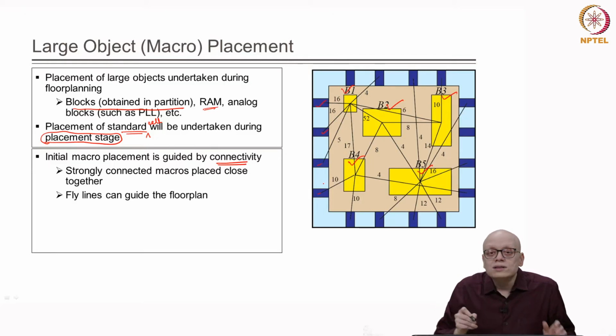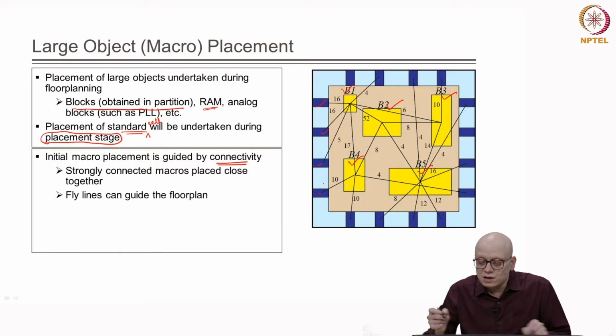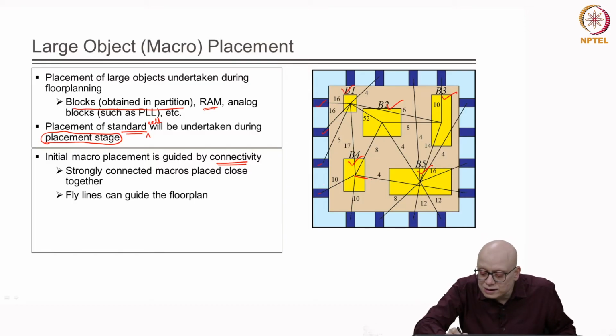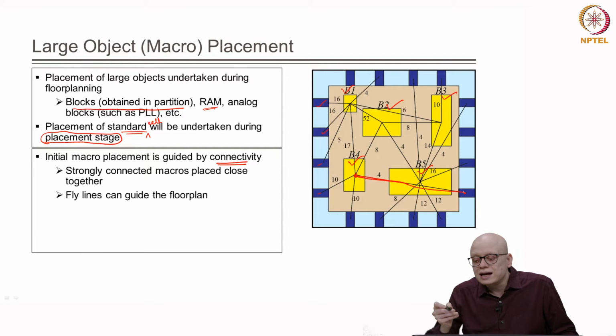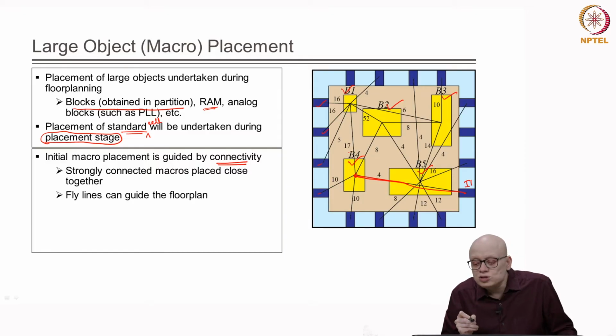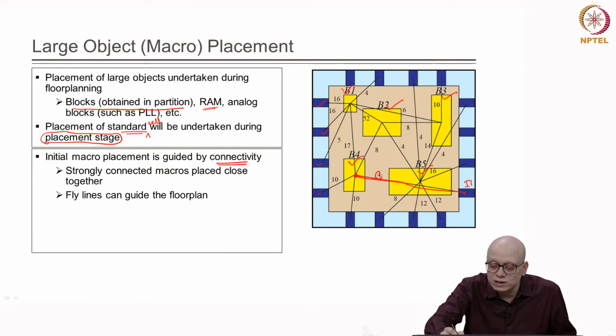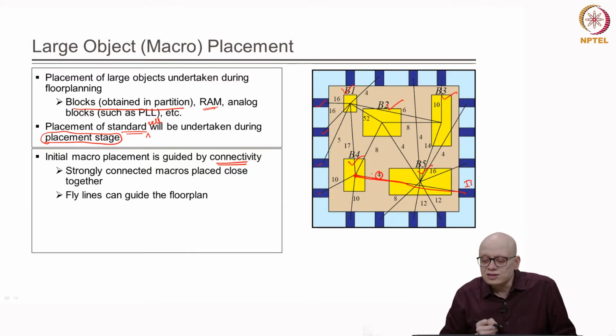These fly lines indicate how many nets go from one block to another. For example, consider this fly line going from the B4 object into an IO cell. That means this IO cell, let us call it I1, and block B4 are sharing 4 nets, and that is why the weight here is shown as 4, and so on.